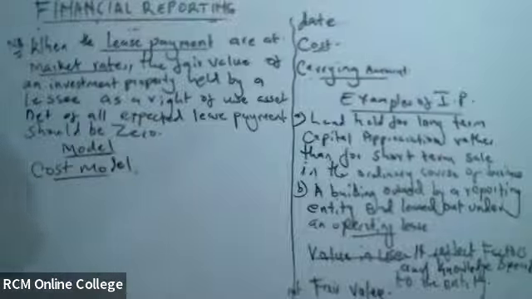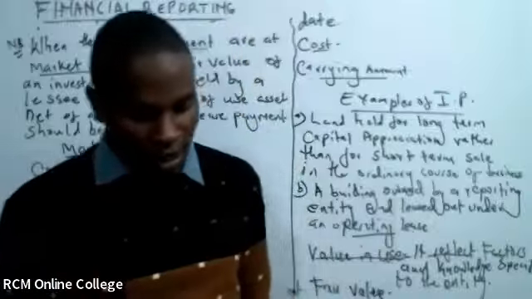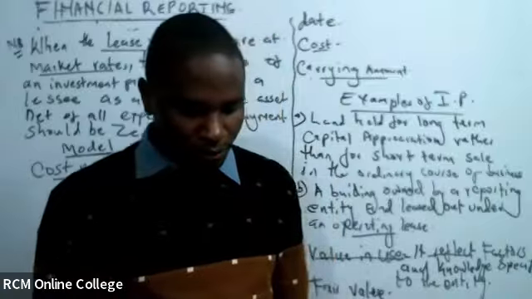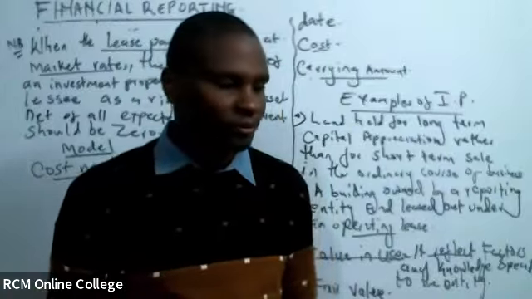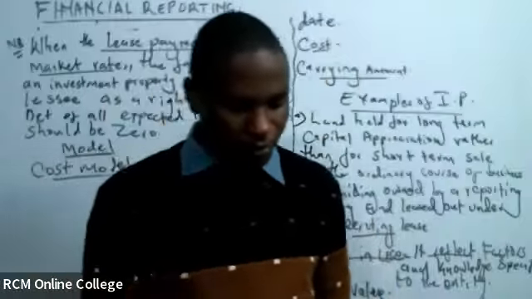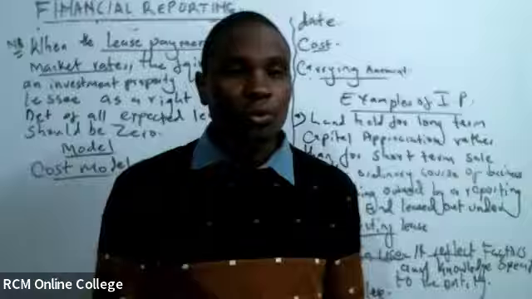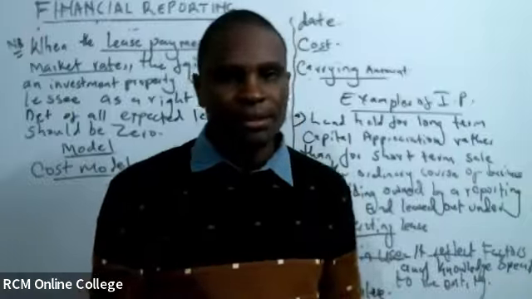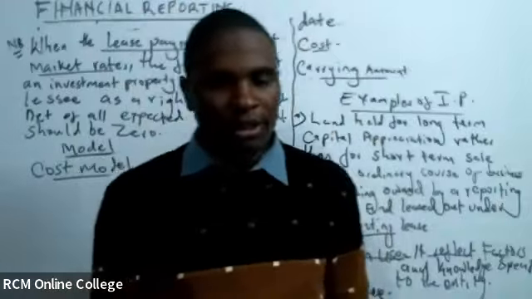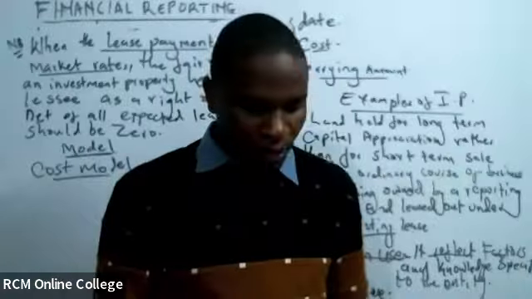Under the cost model, as described under IAS 16, it is for the owned asset. You can write and say cost model in IAS 16 for owned asset.